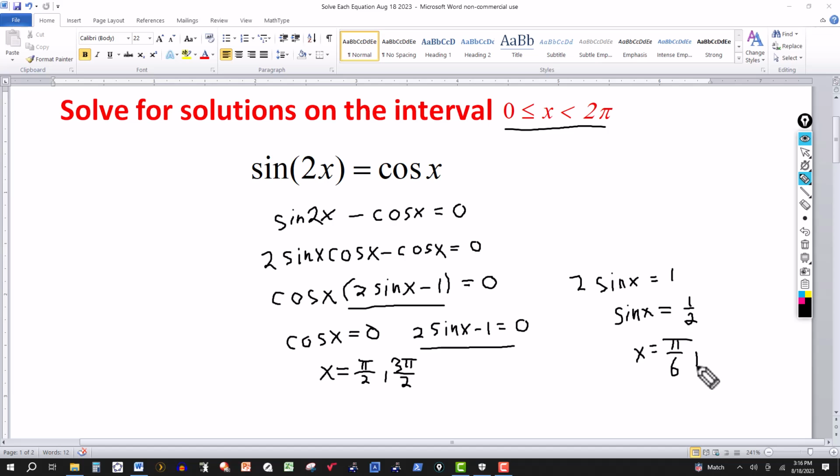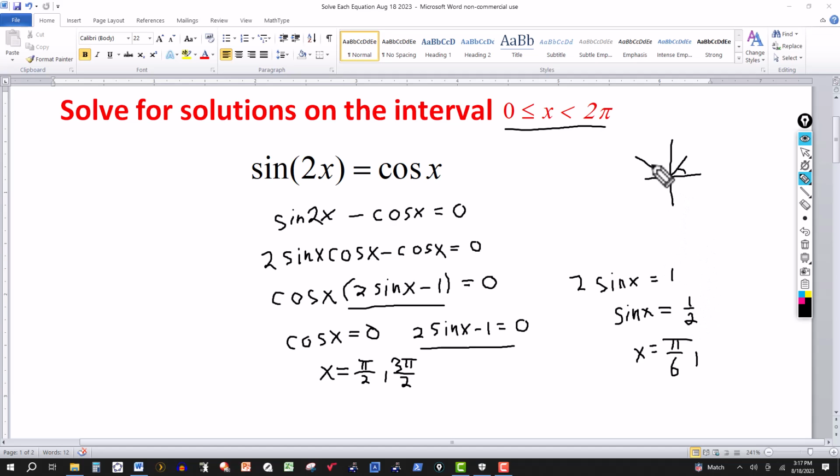Again, pi over 6 or 30 degrees, use that as your reference angle to get the other solution in the interval. So if this angle here is pi over 6 or 30 degrees, then another angle that will work here, because the y component is positive, so I want to get a positive answer, in this case 1/2.